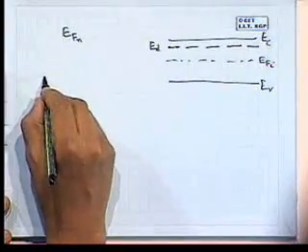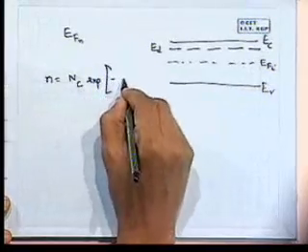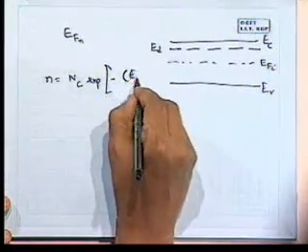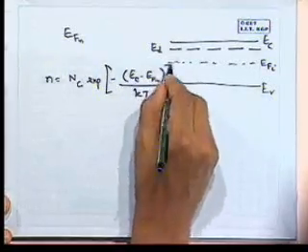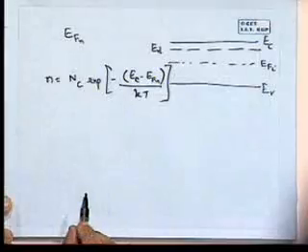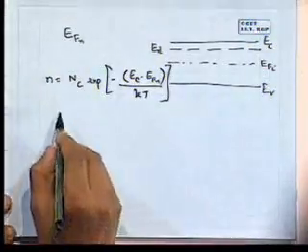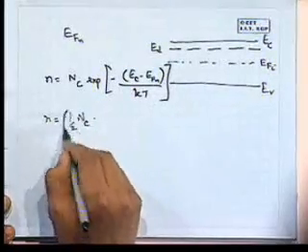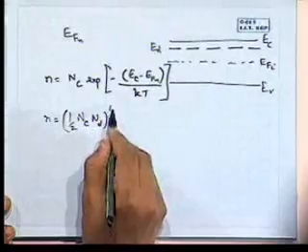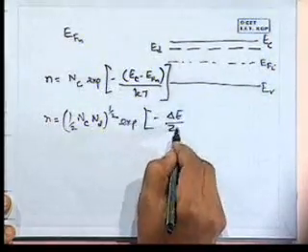We have the general expression n is equal to NC exponential minus (EC minus E Fermi level) by kT for the electron concentration. In the low temperature range, we also have n is equal to (NC ND) to the power half times exponential minus delta E by 2kT.